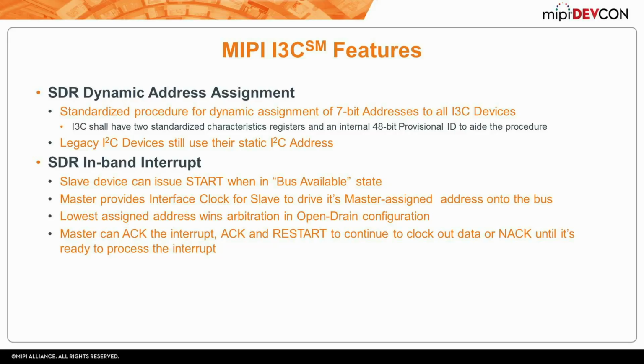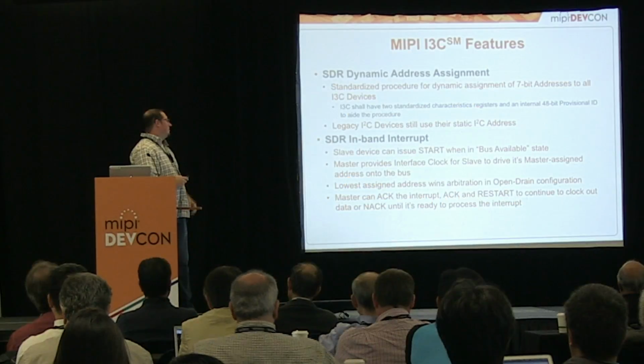And so the master will process that and then go back and process the other device in the rare event that actually occurs. So the master, when there's an interrupt, there's a lot of things it can do. It can ACK the interrupt, it can read back data, it can ACK it and just not handle it right now. I think we've really developed a flexibility in this bus that's needed.